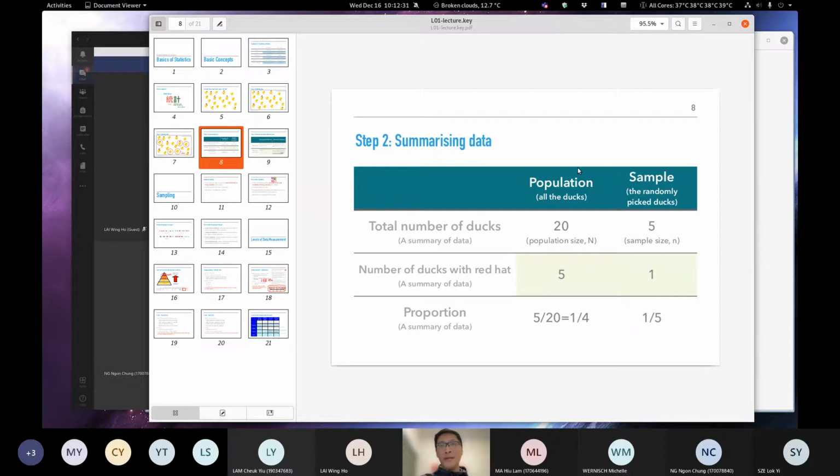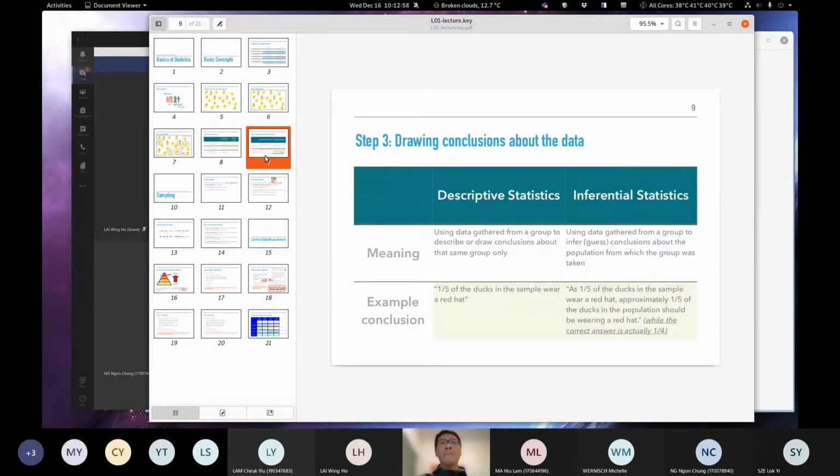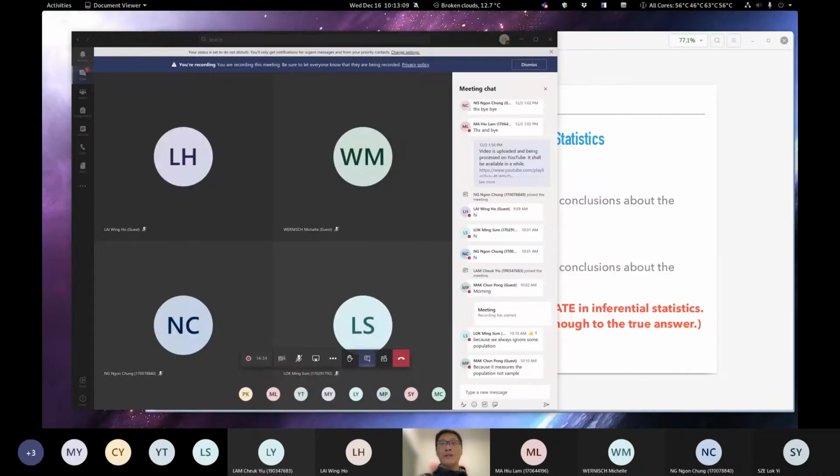If you consider the sample only, you are ignoring all the other ducks, and the conclusion is that 1/5 or 20% of all the ducks were redheads. That is what we get from the sample, but we think that the same is true for the population. But of course, this is not the correct answer, because we are ignoring the other 15 ducks in our statistics. But this kind of error cannot be avoided if you need to do the sampling instead of looking at the population. So that's the problem.